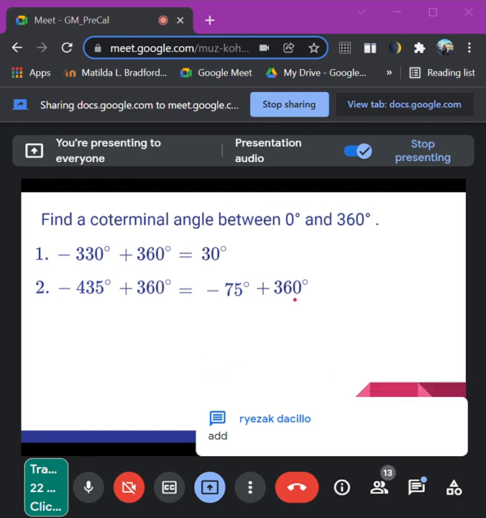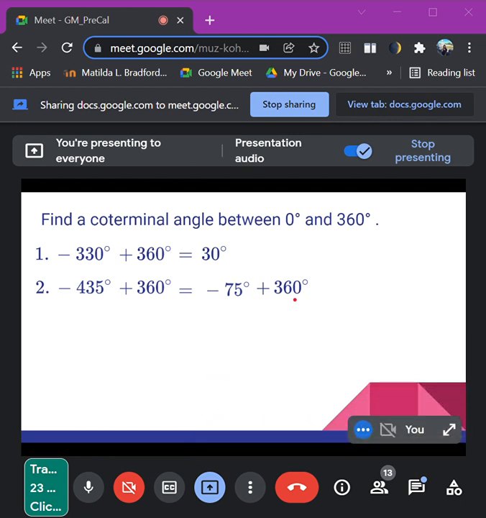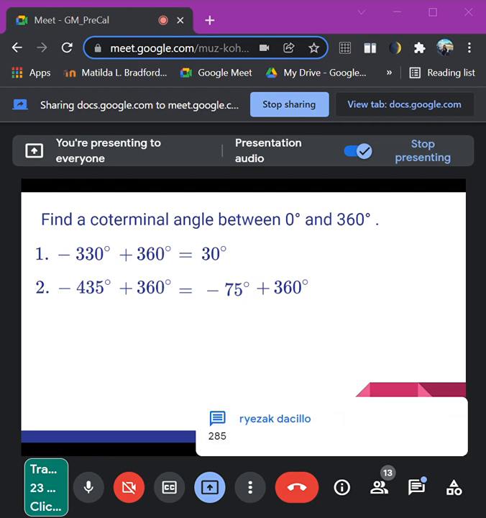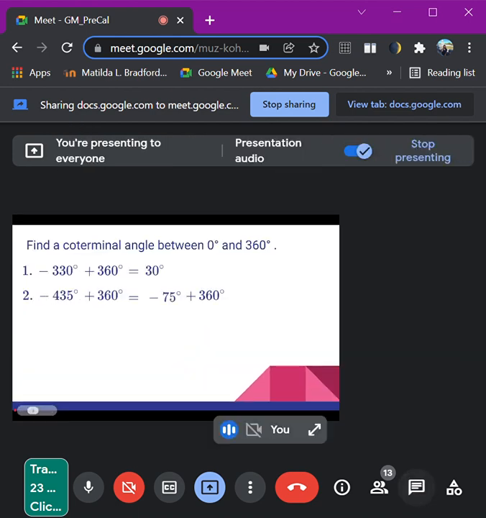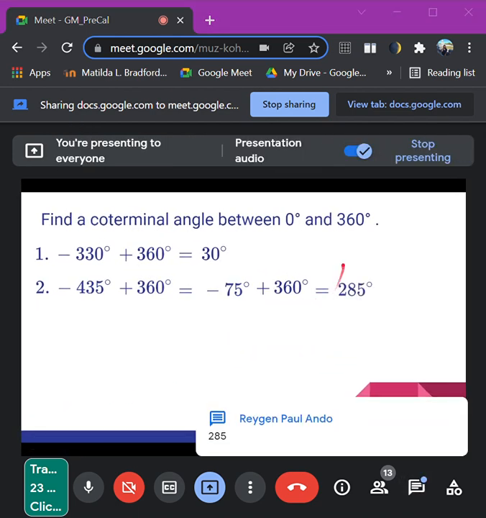Now, if we add 360 plus negative 75, what's the result? Okay, so that is 285.